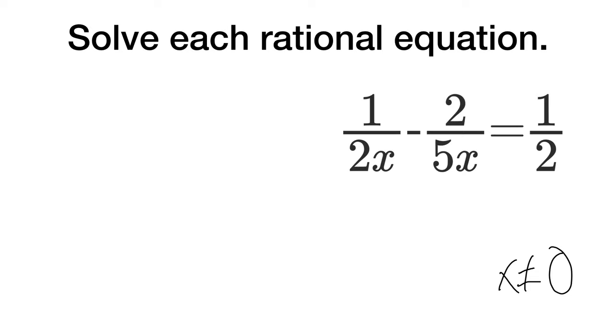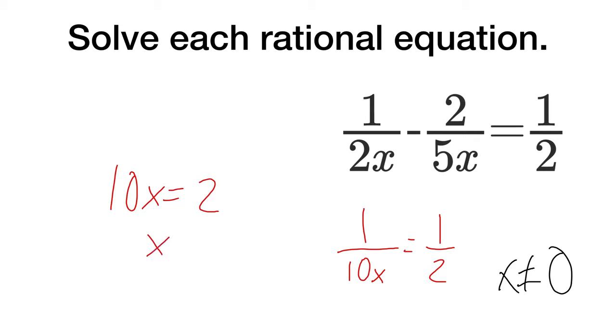So that becomes 5 minus 4, which ends up being 1 over 10x equals 1 over 2. So when I put this across, let's see, that means that 10x equals 2, or x equals 1/5.